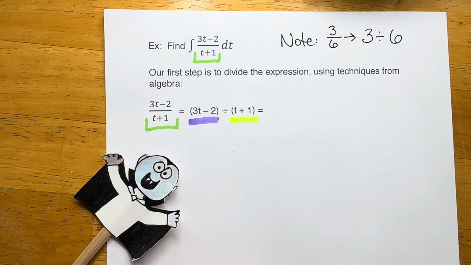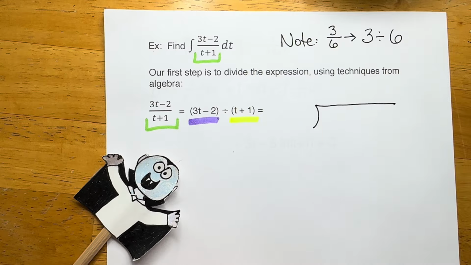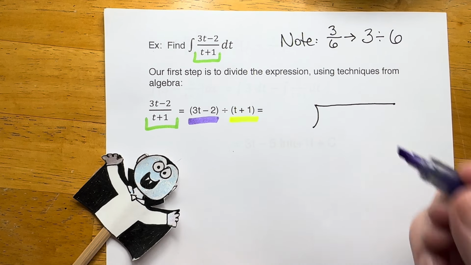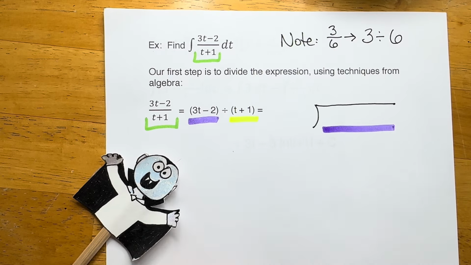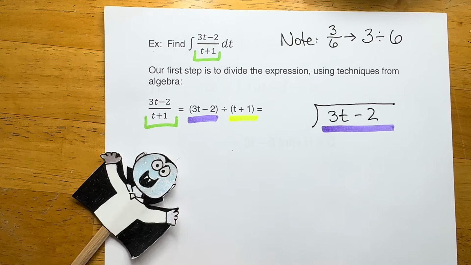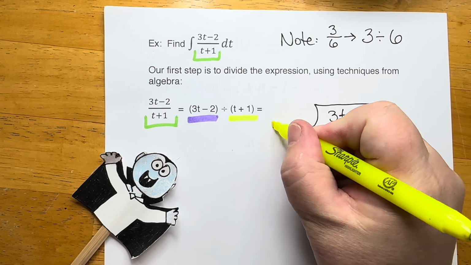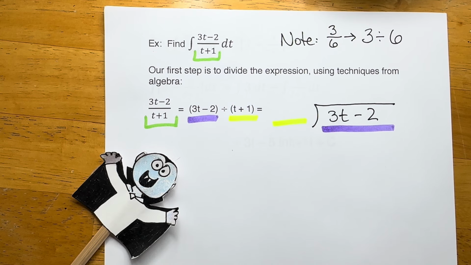So we're going to do old school long division. I write my division sign there. And the one that gets divided is going to go inside the box. So that's going to be 3t minus 2. And the one that's doing the dividing, divided by, that goes outside the box.